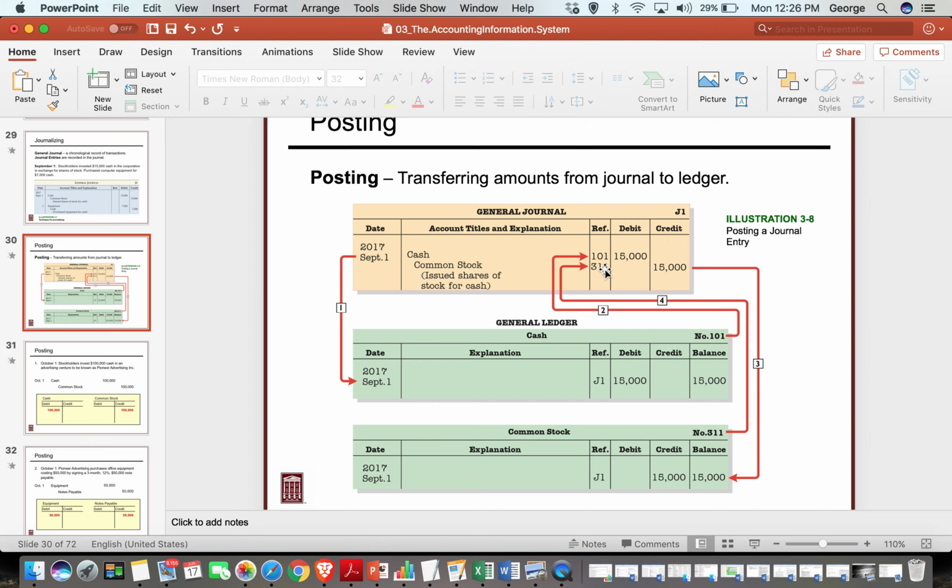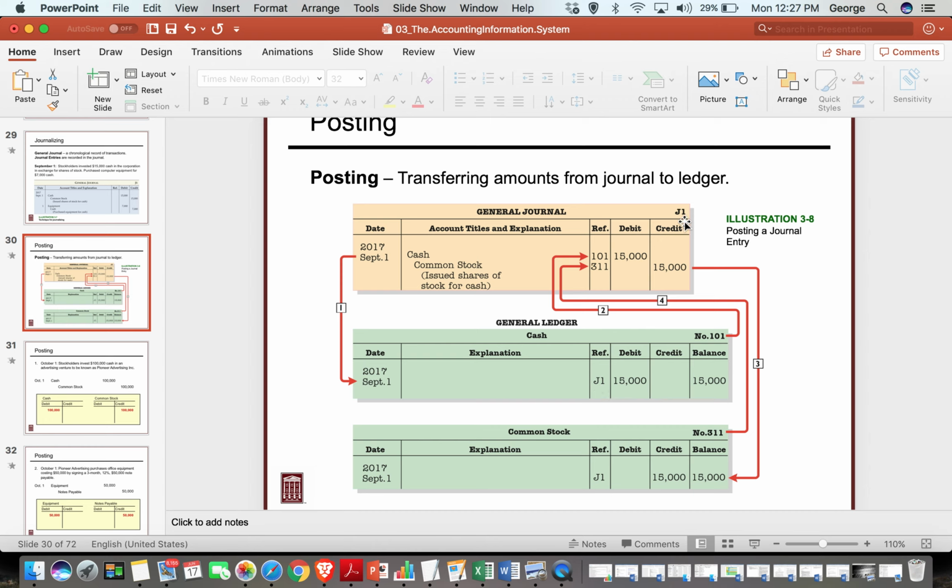These are post-reference accounts, the ways I can trace from the journal to the ledger. Cash is account number 101, so I can trace that here. Common stock is account number 311, so I can trace that down here. I can also trace from the ledger back to the general journal using the page number of the general journal, journal page 1, J1.